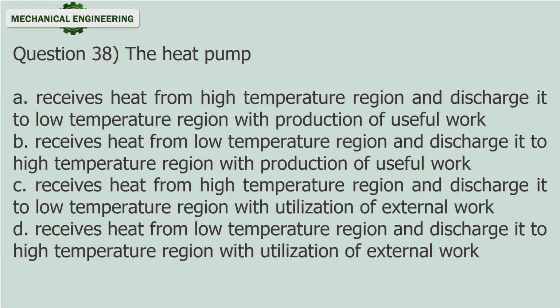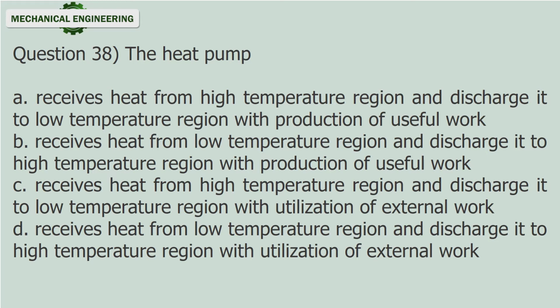Question 38. The heat pump. A. Receives heat from high temperature region and discharge it to low temperature region with production of useful work. B. Receives heat from low temperature region and discharge it to high temperature region with production of useful work. C. Receives heat from high temperature region and discharge it to low temperature region with utilization of external work.